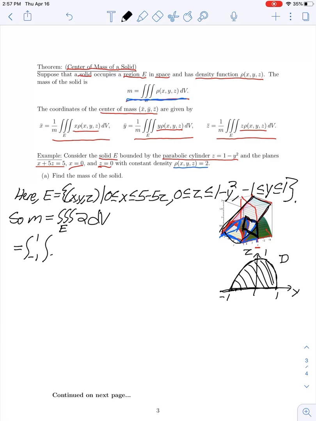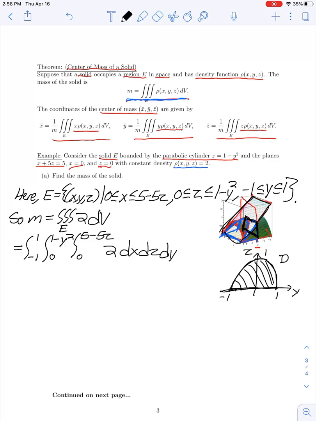Then with respect to z from 0 to 1 minus y squared. And with respect to x from 0 to the plane 5 minus 5z. All right. So our function was 2 in the order dx, dz, dy.